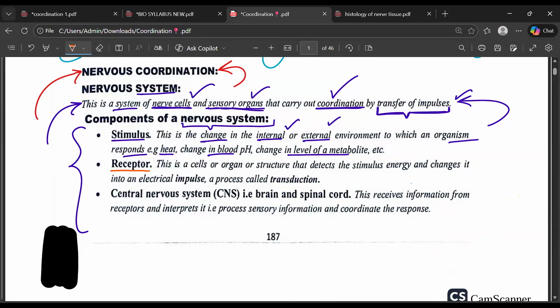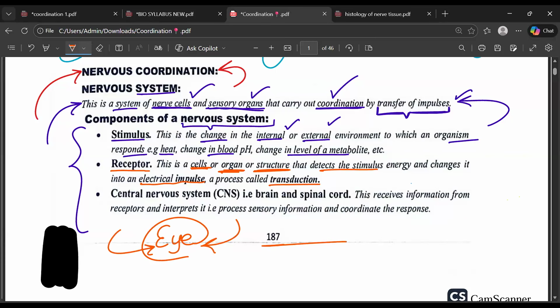Receptor, what is that receptor? Receptor could be cells, the ones I call receptor cells. It could be an organ, what we call the sense organ, or it could be any other structure that detects the stimulus energy and changes it into an electrical impulse. Didn't we say that? And we said the process is transduction. When the eye receives the stimulus, it has receptors that exactly receive it, but it's not supposed to deliver it as it is.